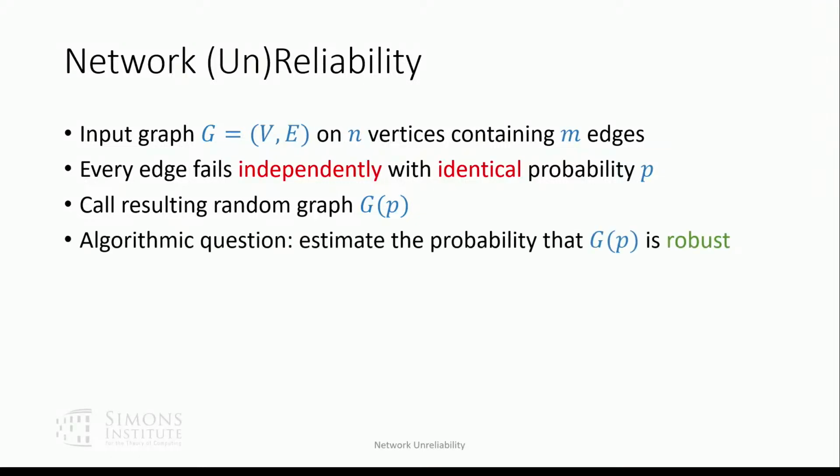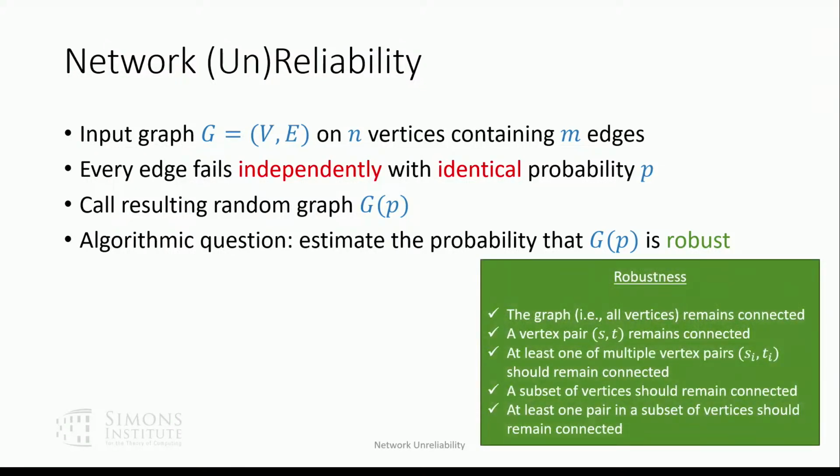In particular, the algorithmic question, given the graph and given the value of p, is the following. I just want to estimate the probability that this random graph G(p) is robust in whatever sense of robustness I want to study. Again, there are all these different definitions of robustness that we might be interested in.